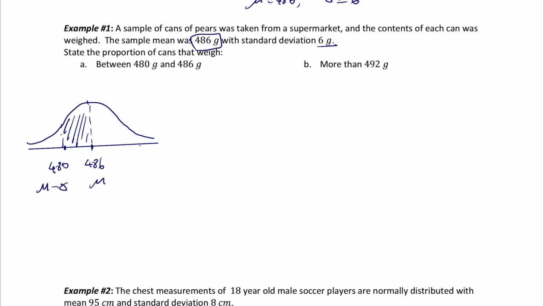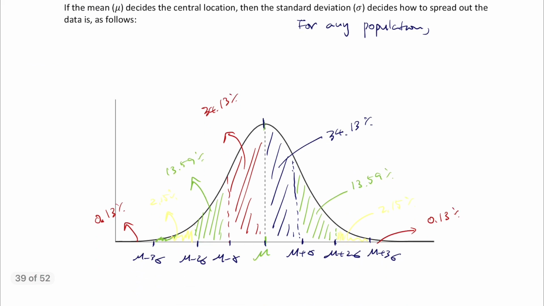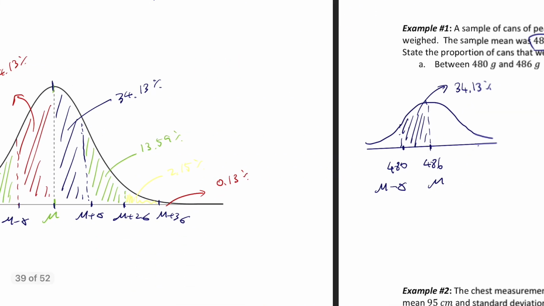So we have about 34.13%, using the spread of data we just discussed.